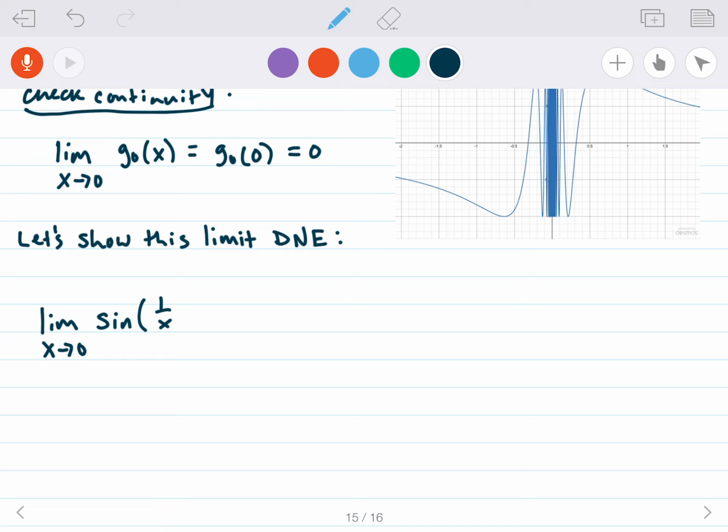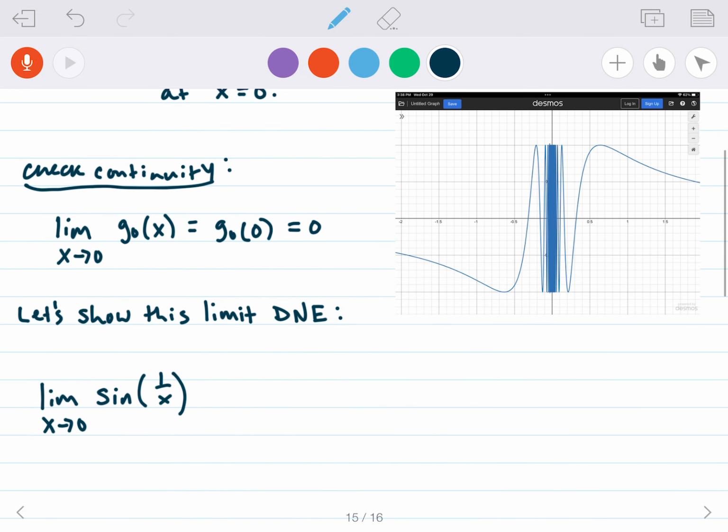I think we've done this before, or some variant, where we show that this doesn't exist because of two different sequences converging to 0, but when you apply the function to those sequences, they converge to different things.